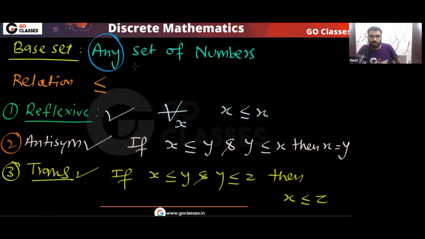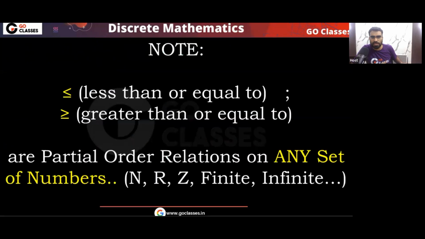So for any set of numbers you take as your base set, these relations, less than or equal to and greater than or equal to, will always be partial order relations.